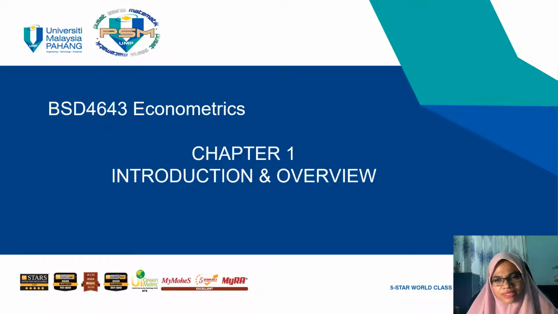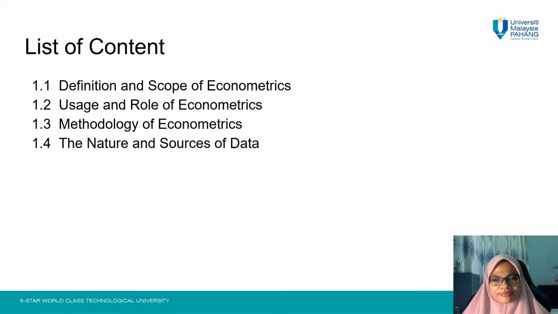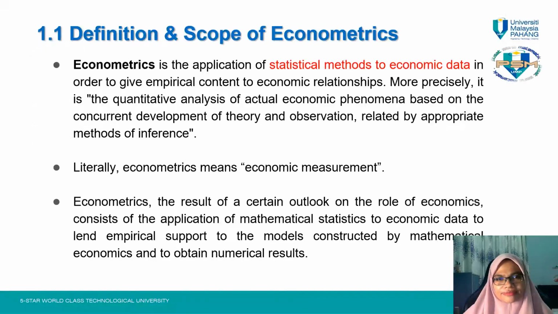BSD4643 Econometrics. For today, I want to share with you the first chapter for this course, that is Introduction and Overview. There are 4 subtopics in chapter 1 as listed in this slide. The first subtopic, that is definition and scope of econometrics.